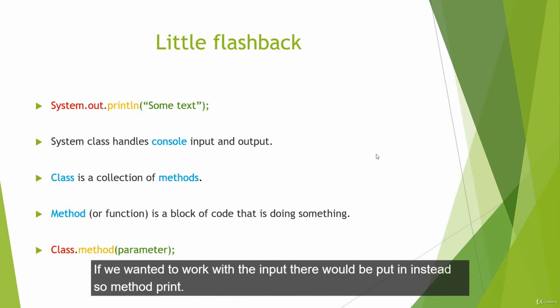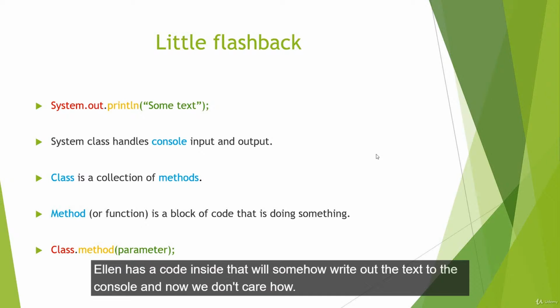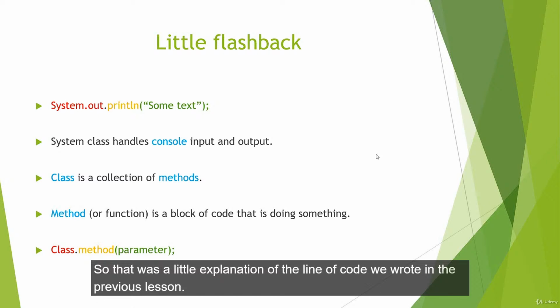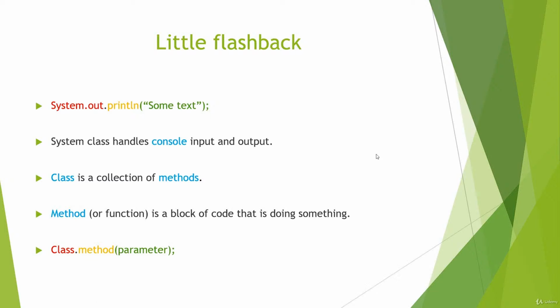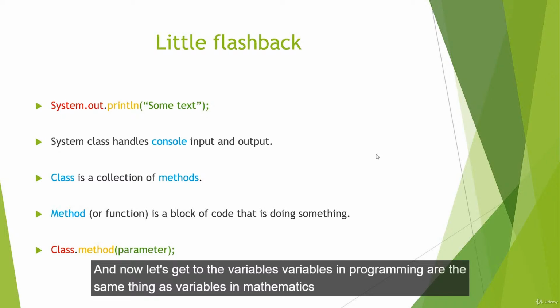If we wanted to work with the input, there would be .in instead. So, method println has a code inside that will somehow write out the text to the console, and now we don't care how. So, that was a little explanation of the line of code we wrote in the previous lesson, and now let's get to the variables.